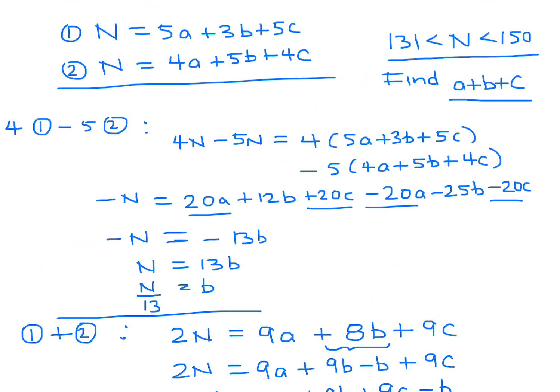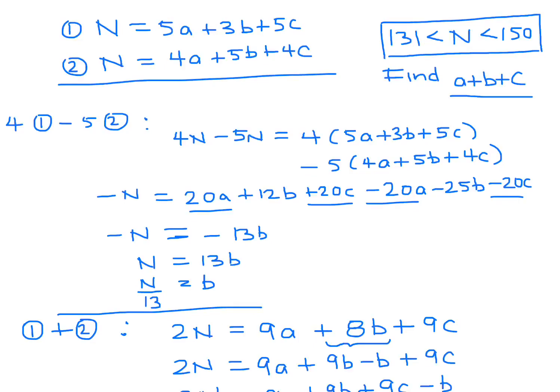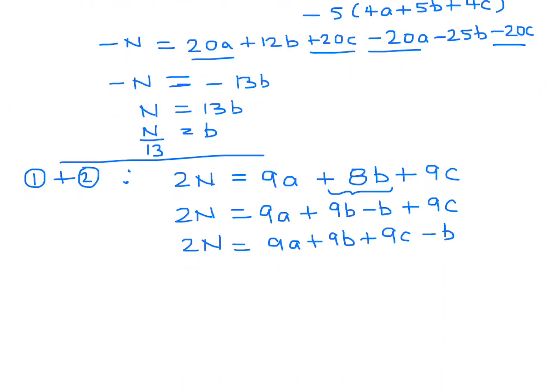Now what we need to bring down is this statement, which is very important, that n is between 131 and 150. Therefore, 2n, which is what we have, is going to be between 262 and 300.